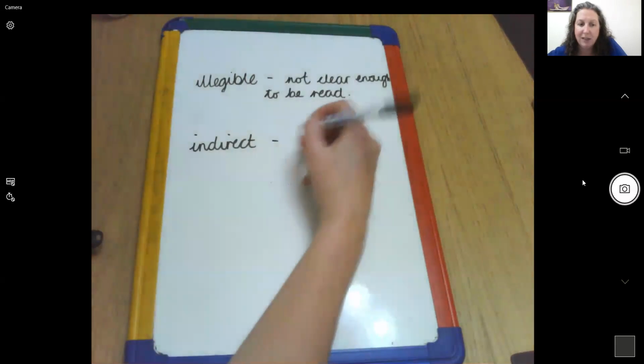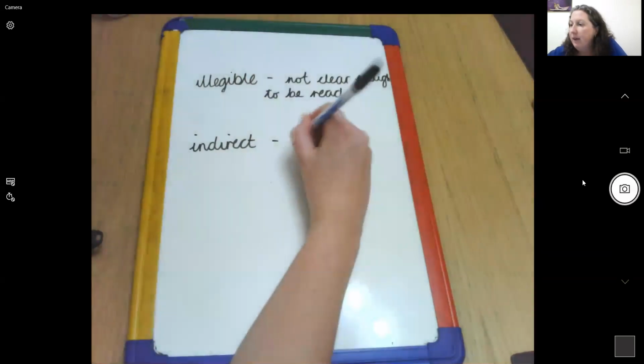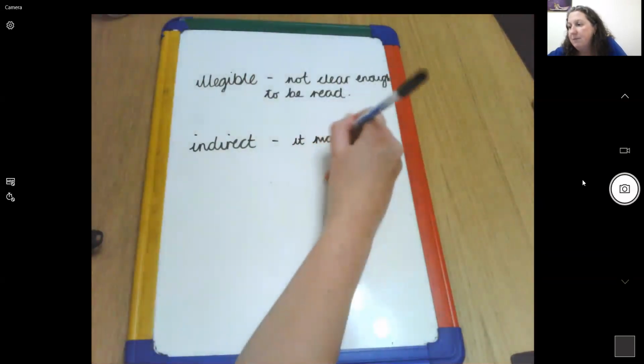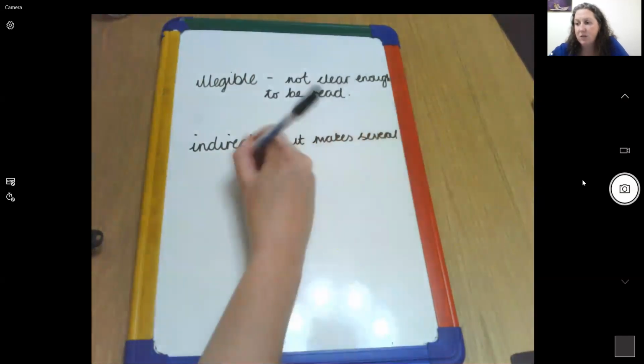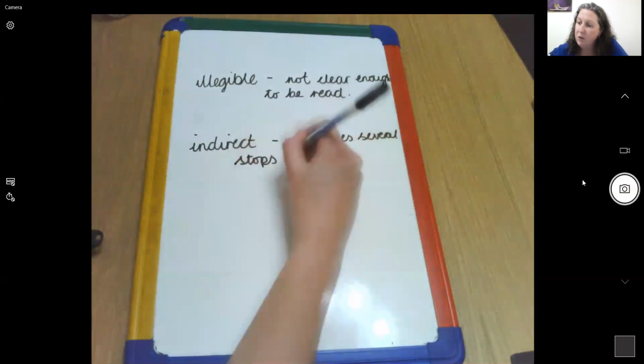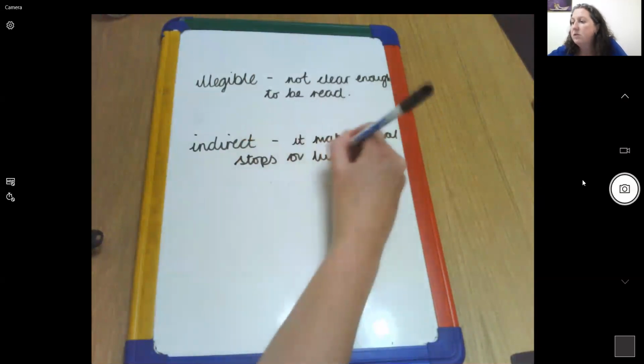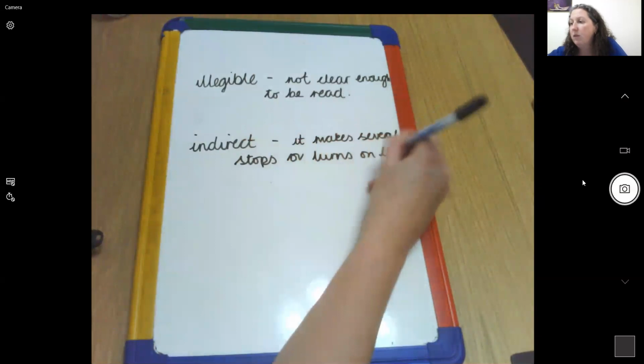So I could write, it makes several stops, turns on the way.